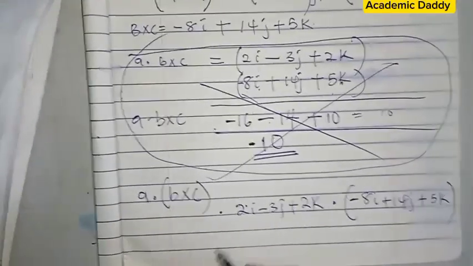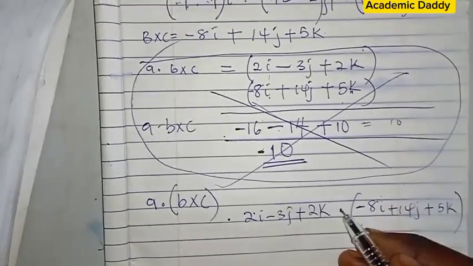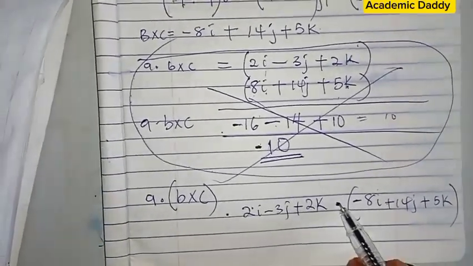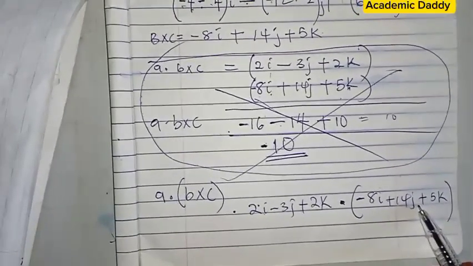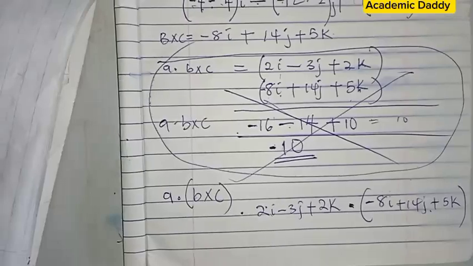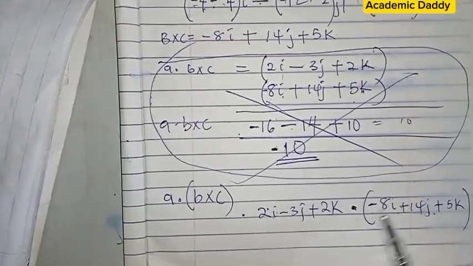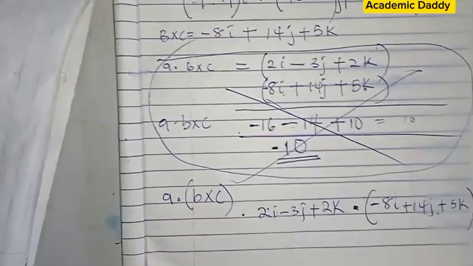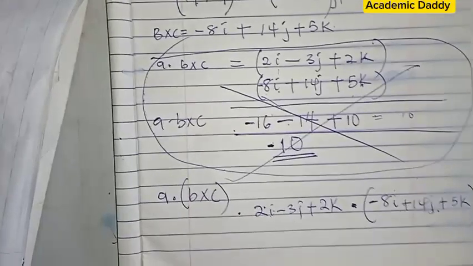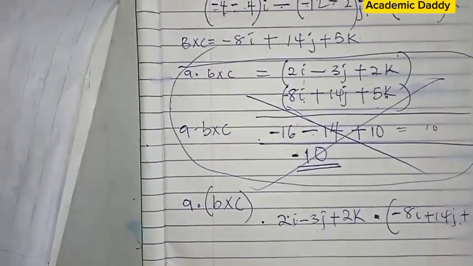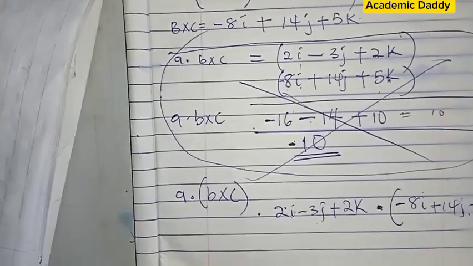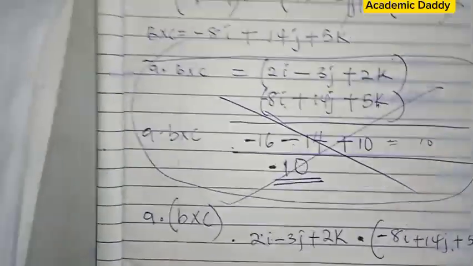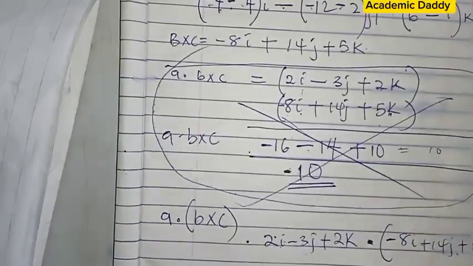Since it's dot now, i and j cannot dot, because i dot j will give you 0. Why? i dot i is 1. So you dot i with i, j with j, k with k. It's almost the same approach.